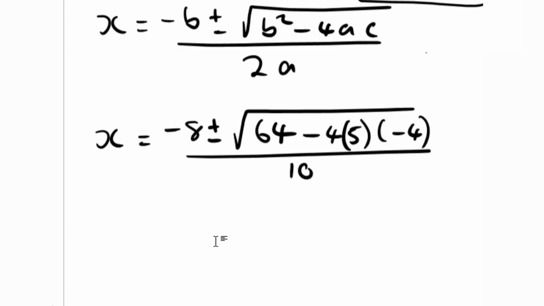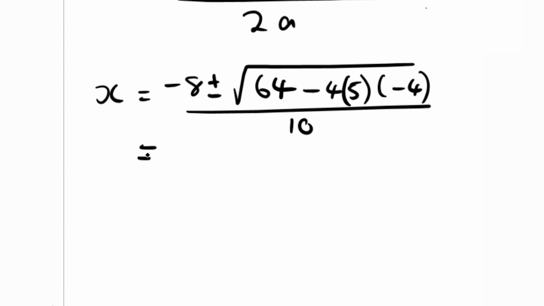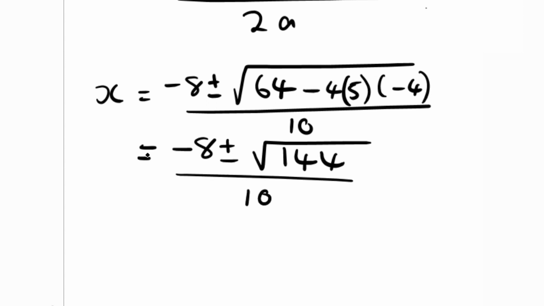Again, just write minus 8 plus or minus the square root of 64 minus 4 times 4 times 5. That is 20, times 4 is 80, that is 144. So we have plus or minus the square root of 144, everything divided by 10.